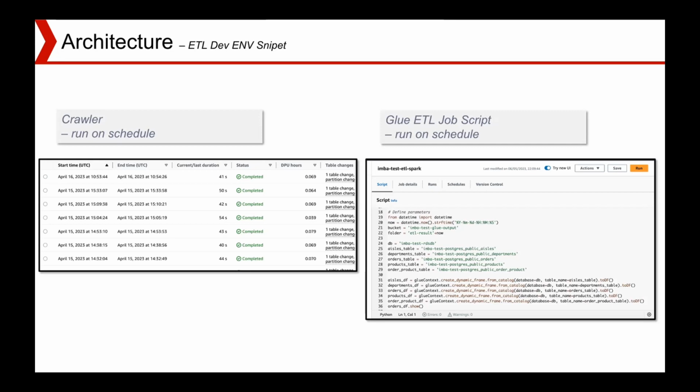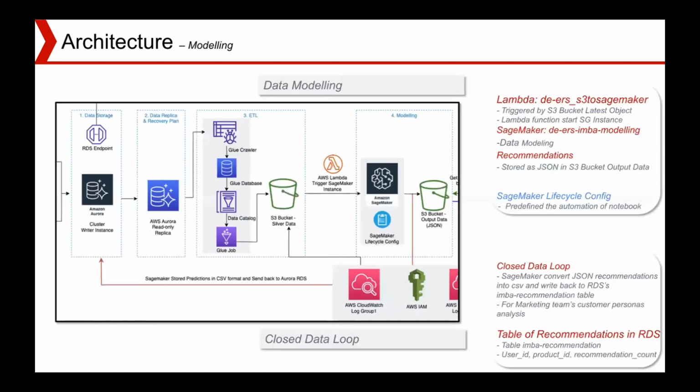On the right-hand side, you can see a screenshot of the scheduled Glue ETL Spark script. In this script, we generate a dynamic frame from the catalog as required and employ a series of operations to write the data to the designated destination. Next, I will hand over to Sun Yan, who will tell you how to do the next step of machine learning modeling after getting the ETL data from S3.